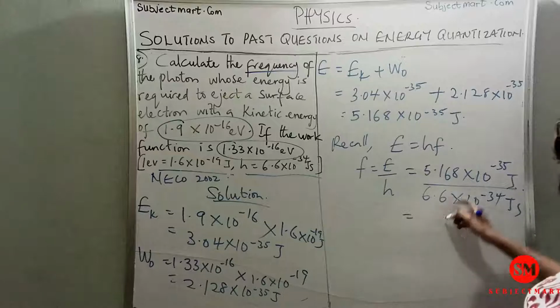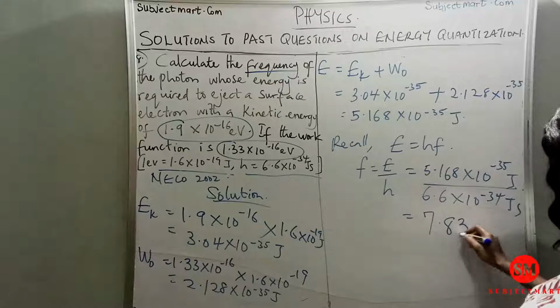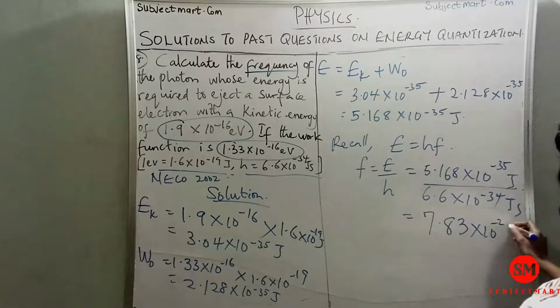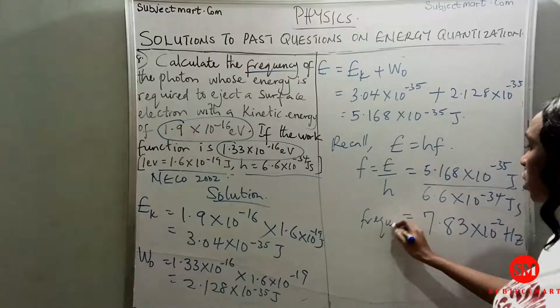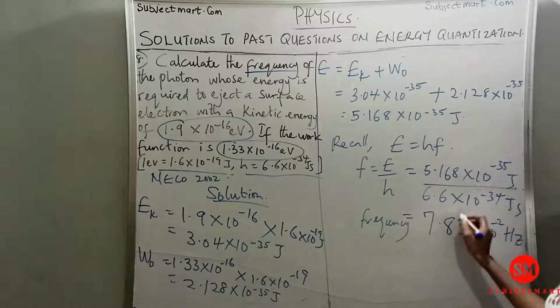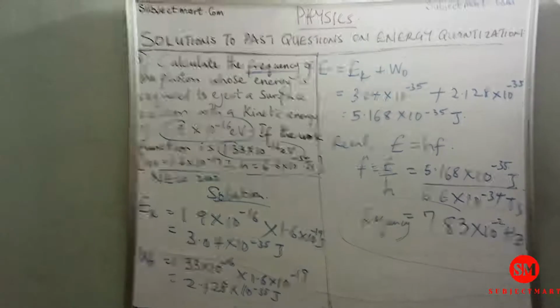Okay, so if we divide this by this, we are going to have 7.83 times 10 raised to the power minus 2 hertz. Frequency is measured in hertz. I believe that is clear.